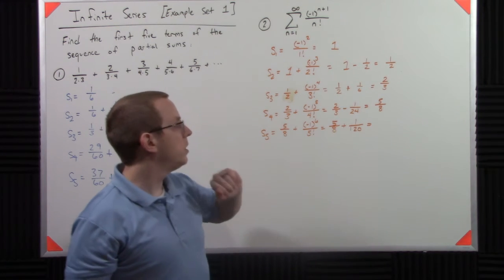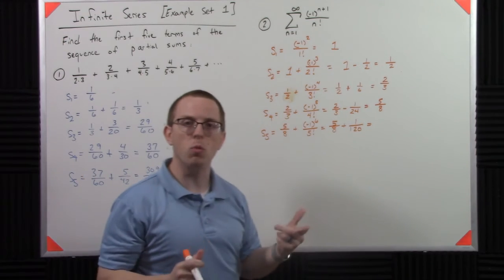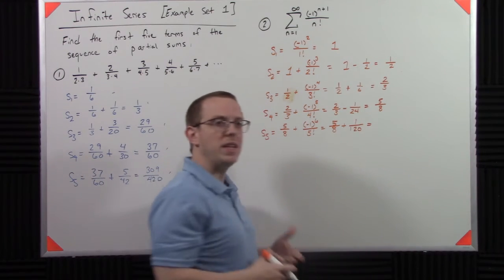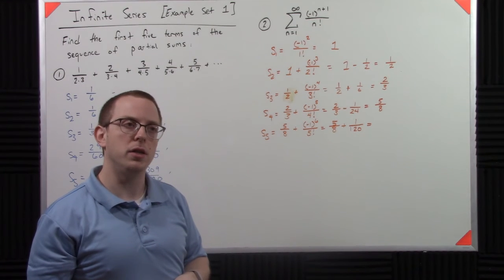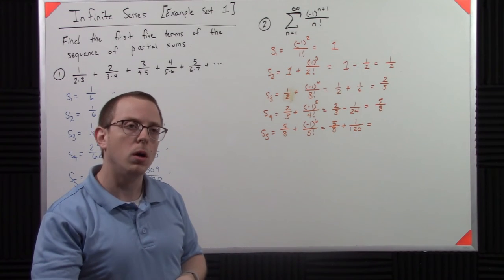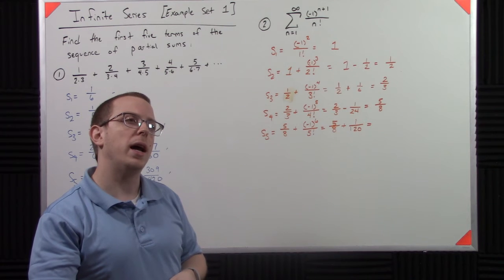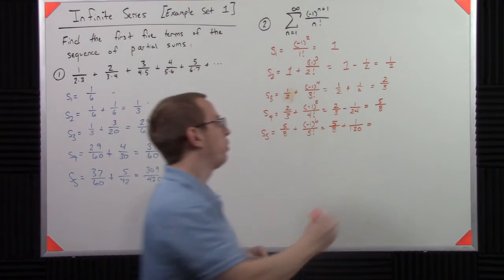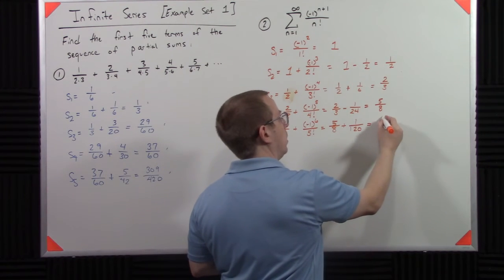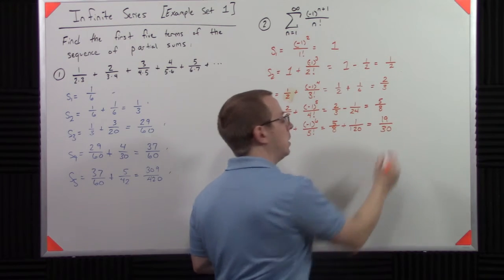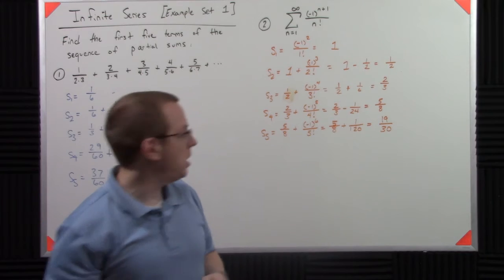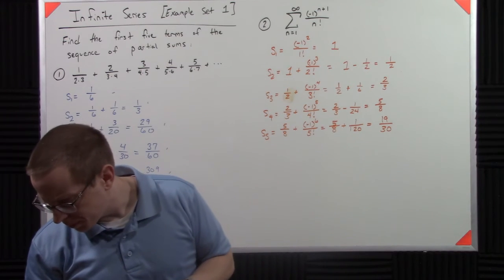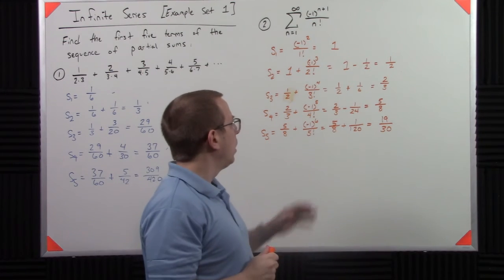So that's 75 over 120 plus 1 over 120 is 76 over 120. But 76 is divisible by 4. So we can divide that out to get 19 over 30. I believe that's right. If it's not, then shame on me. But this is the idea here.